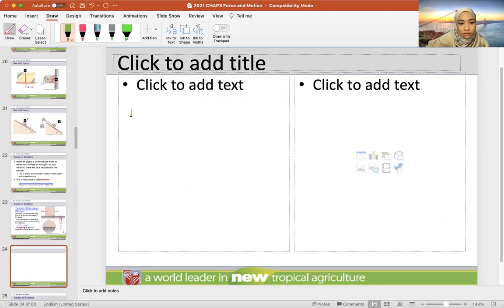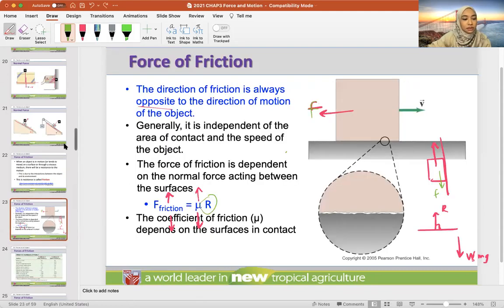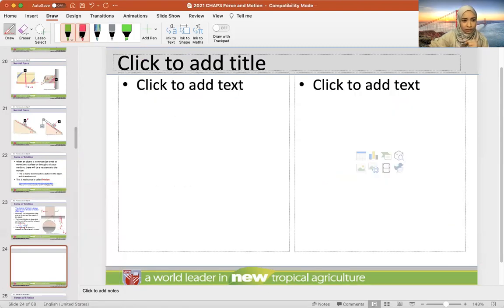Okay, so what is N or R? So, kita ada 3 force yang kita dah belajar. Kita also belajar 3 Newton law. What is the first Newton's law? Inertia.